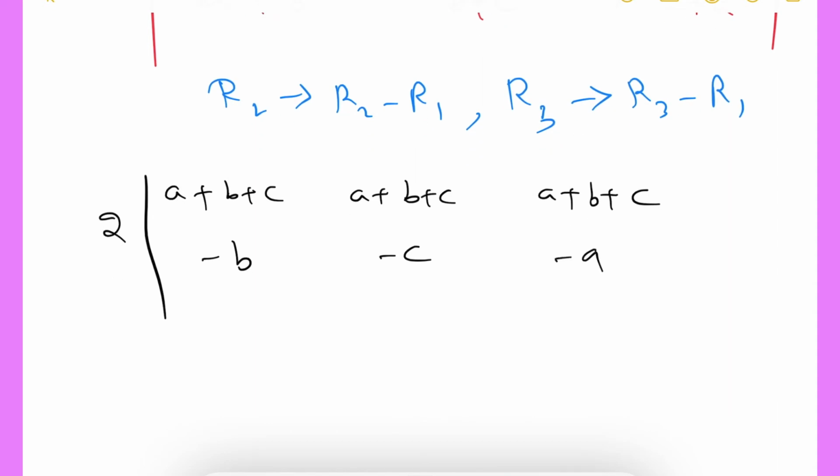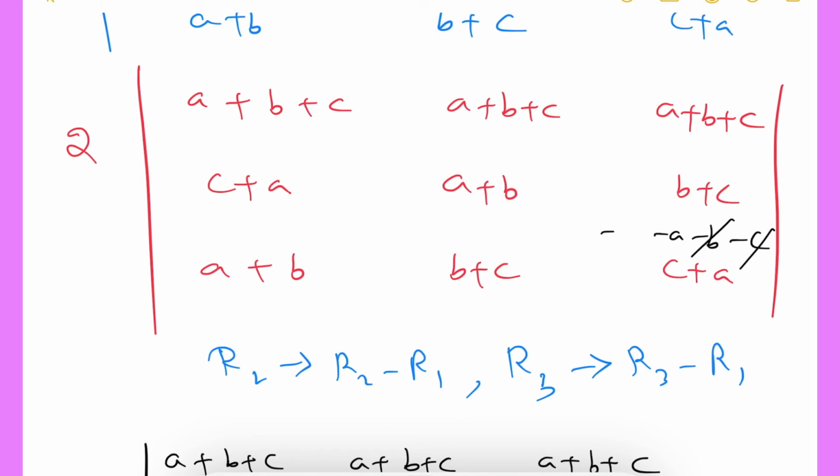Next, the third row, I am doing R3 minus R1. So R3 is A plus B minus R1.